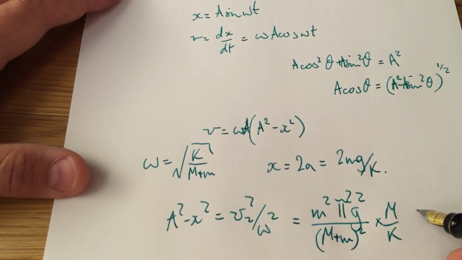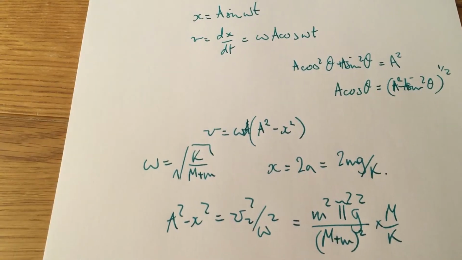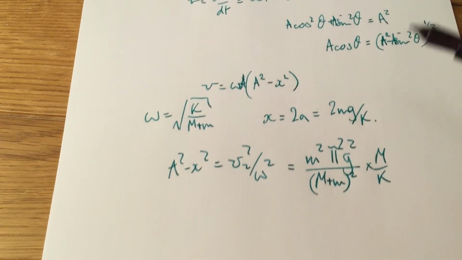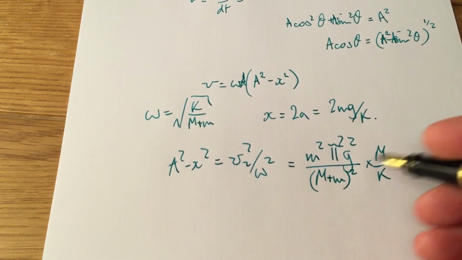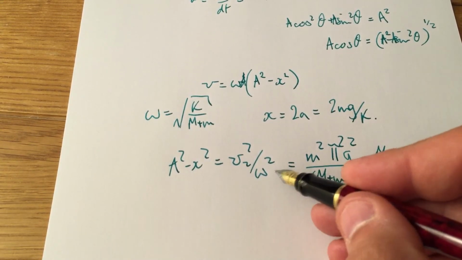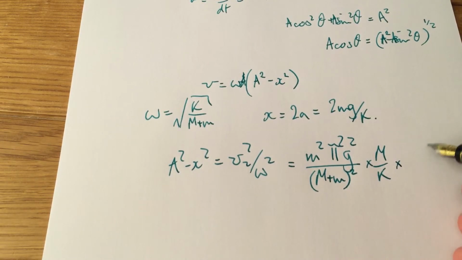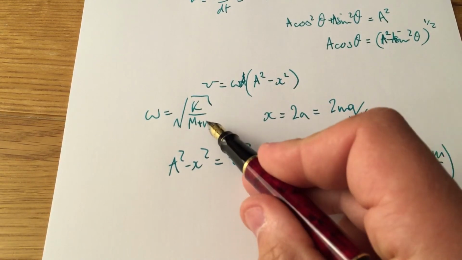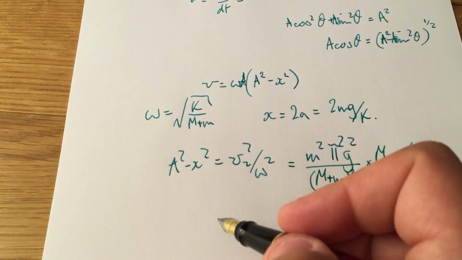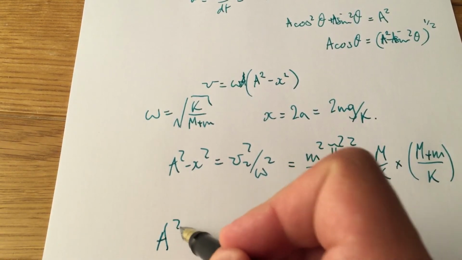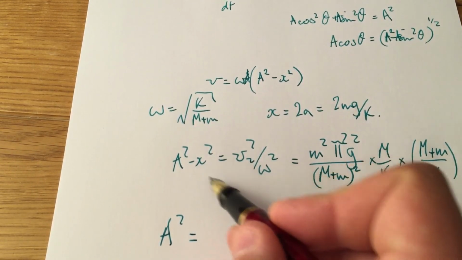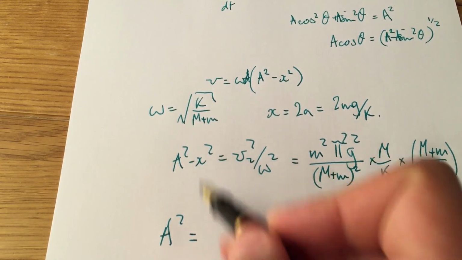And then so we have I've got my expression for v squared and then I'm dividing through by omega squared, so therefore multiplying by m plus m over k, which I've taken from here. But a squared is now this expression plus my x squared.